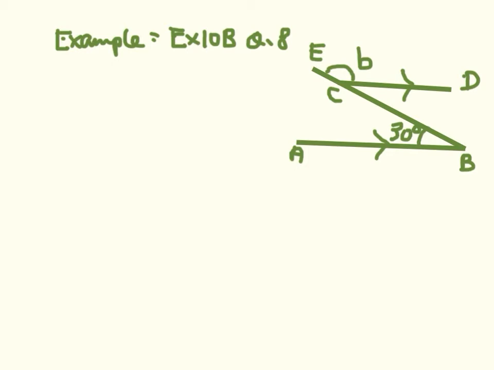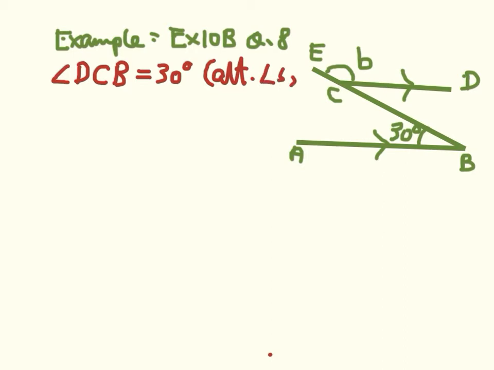In the figure, we can write angle DCB equal to 30 degrees by alternate angles, CD parallel to AB.